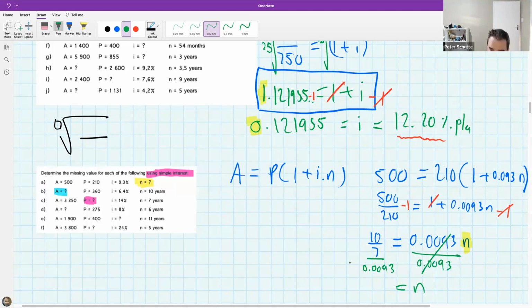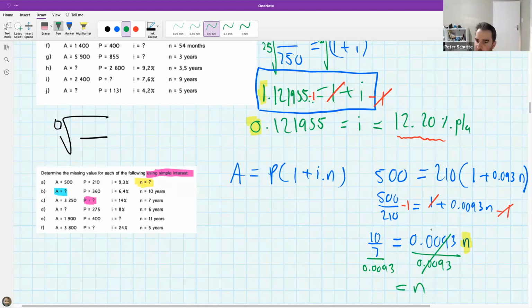So I go 10 over 7 divided by 0.0093. So I get my n is a bit weird. Why is my, okay, let's have a look. 10 over 7, I just write that out there.